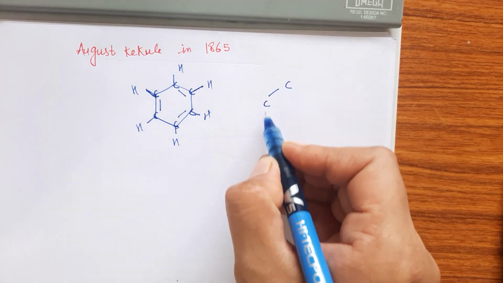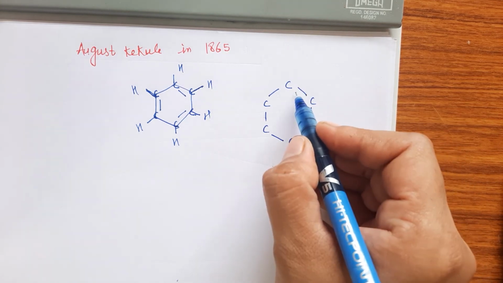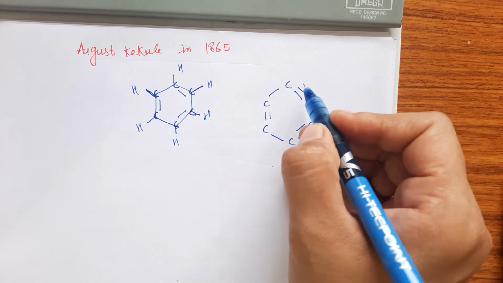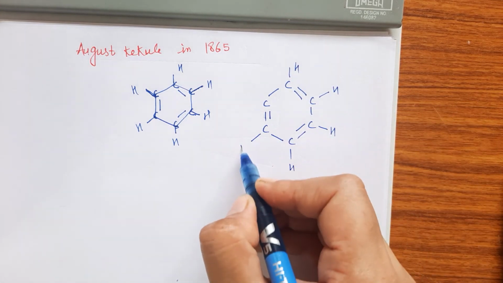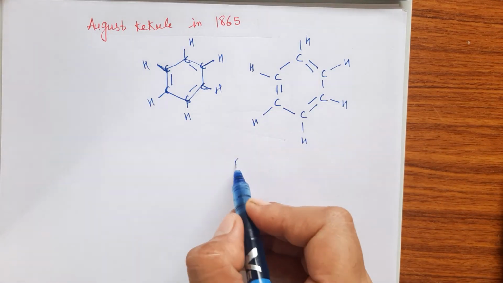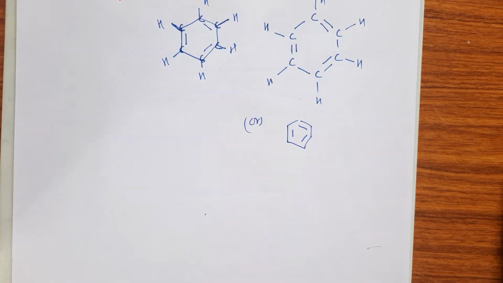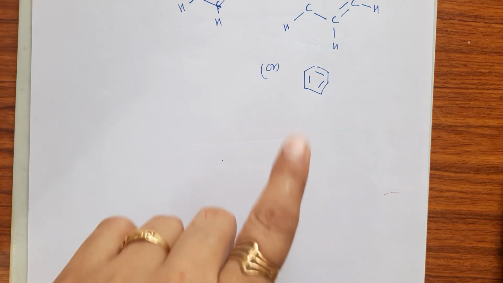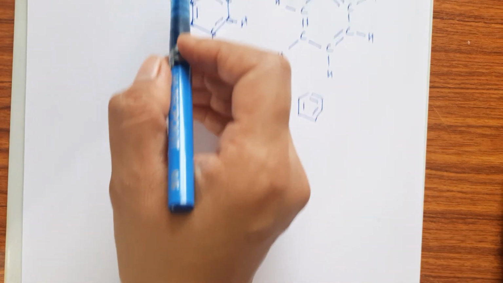I can draw it again in this way, right? Single, double, and with each carbon, hydrogen is attached in such a way, which in short can be written like this, right? So this was the Kekulé structure. The name was given on the basis of Kekulé, who discovered the structure.